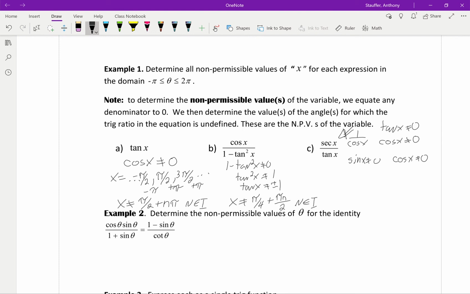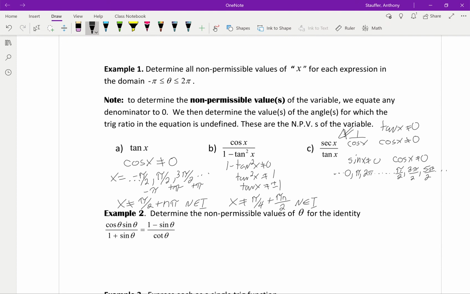Well, where is sine equal to 0? And sine is equal to 0 at 0, pi, 2 pi, and forever and ever in both directions. Where is cos x equal to 0? Well, cos x is equal to 0 at pi by 2, 3 pi by 2, 5 pi by 2, and again forever and ever in both directions.